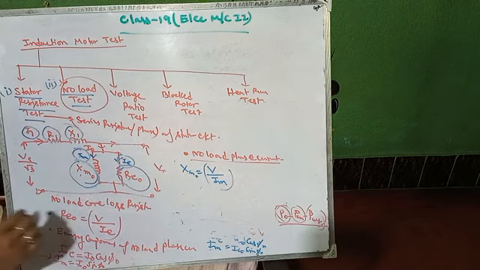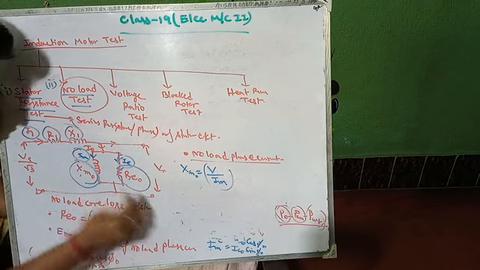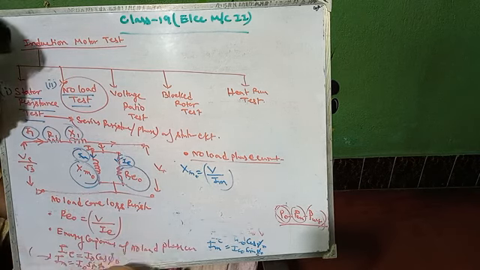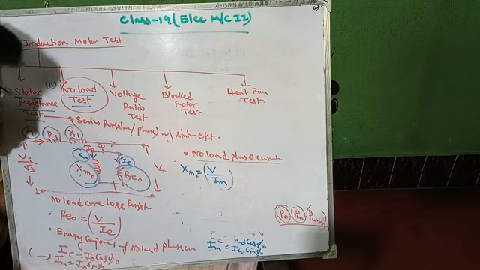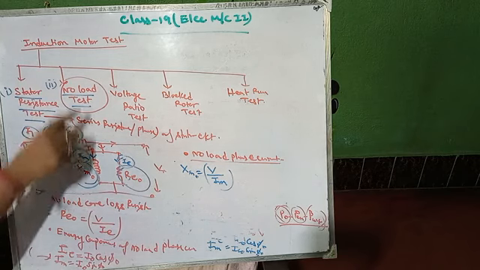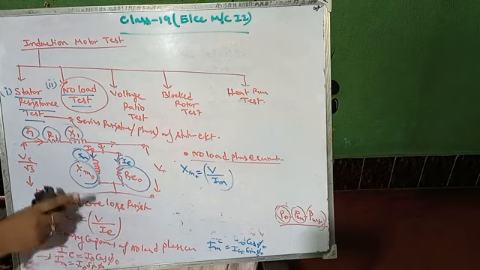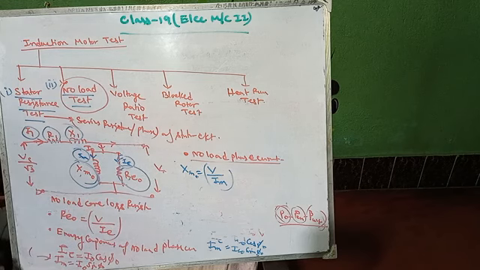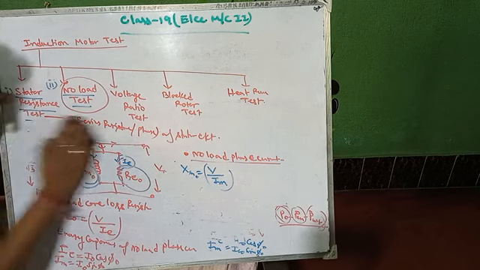Please follow the steps I have followed over here one by one and you can get the answers. In the numerical part I will clear how to solve this type of problem regarding this no load test. Okay, so next one is the voltage ratio test. So what is voltage ratio test?